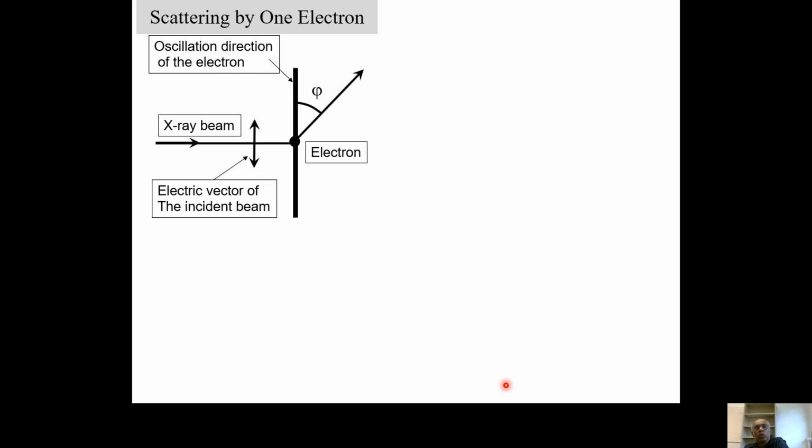Okay, now when you talk about scattering, first we need to start from a single electron, right? If I have one electron, you have X-ray come in here. We know the X-ray is an electromagnetic wave. You have electric and magnetic fields perpendicular to each other. Then this electron will scatter the beam this way, at some angle, so we can easily calculate this scenario.